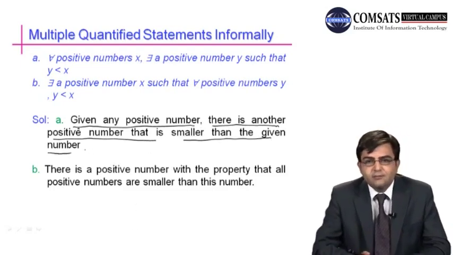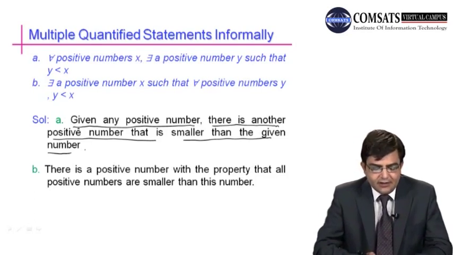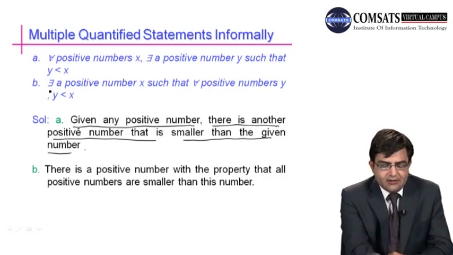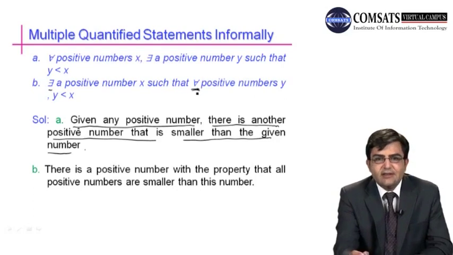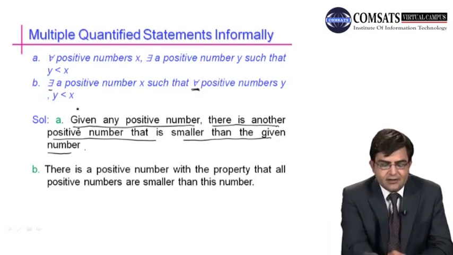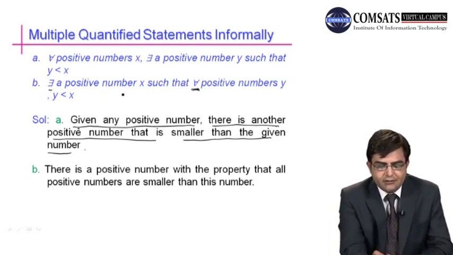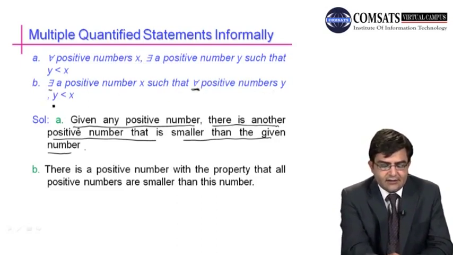Here is another example in which the existential quantifier comes first and the universal quantifier second. There is a positive number x such that for all positive numbers y, y is less than x.